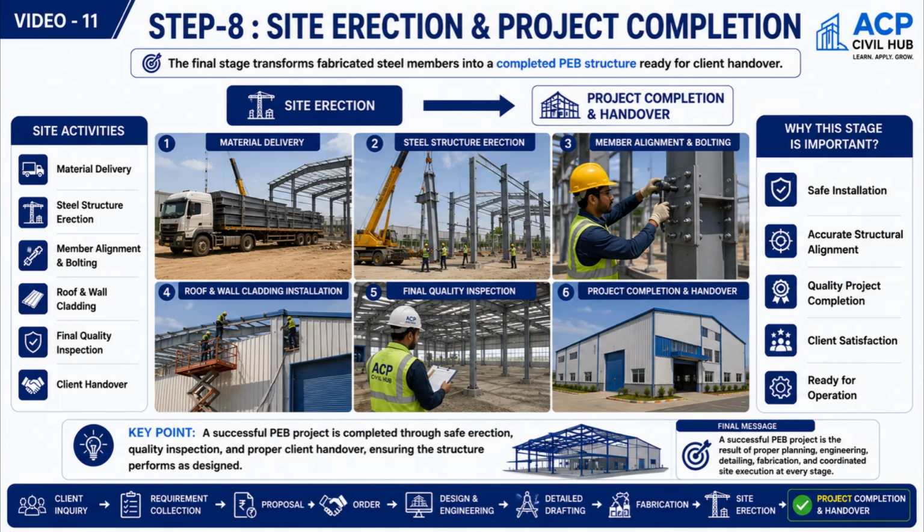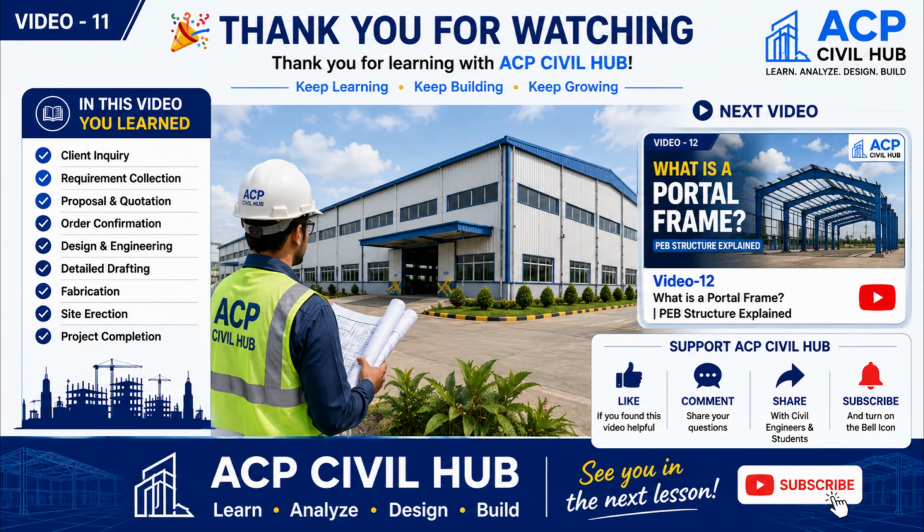After roof and wall cladding installation, the project undergoes final quality inspection. Once everything meets the required standards, the building is handed over to the client. This completes the entire PEB project workflow, from the first client inquiry to the successful completion of the project.